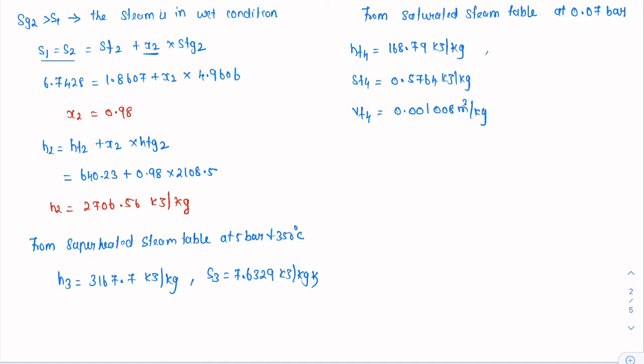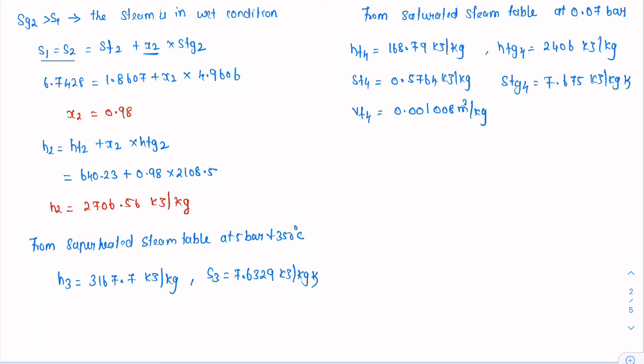The value of Hfg4 is equal to 2406 kilojoule per kg, and Sfg4 is equal to 7.675 kilojoule per kg Kelvin. All these values are taken from the steam table.